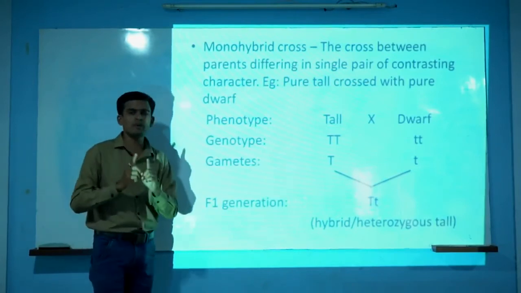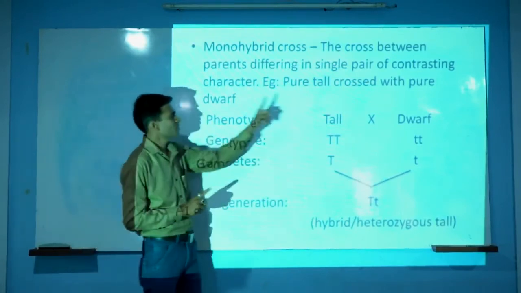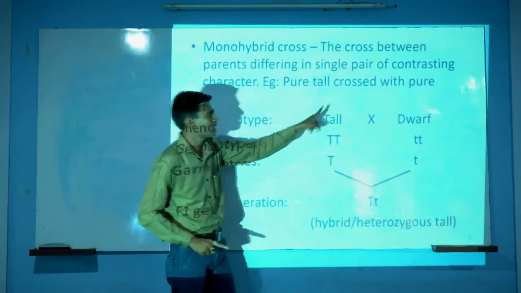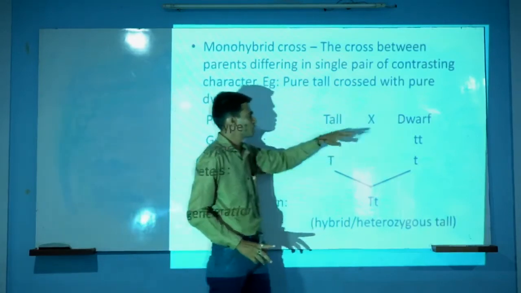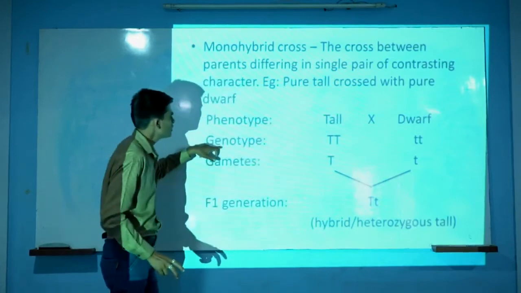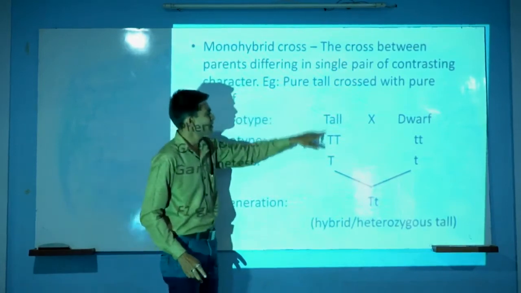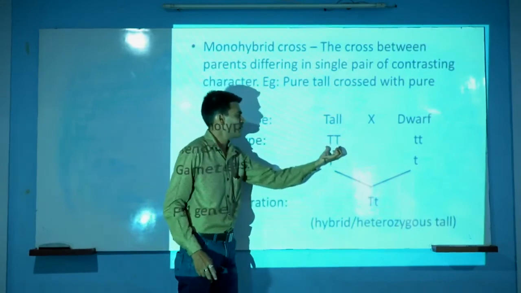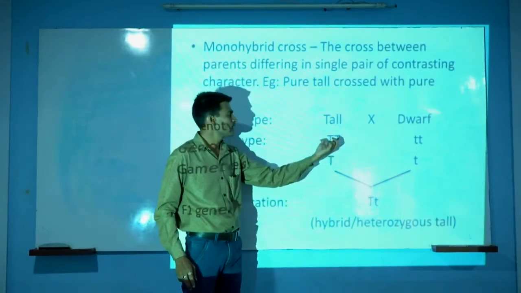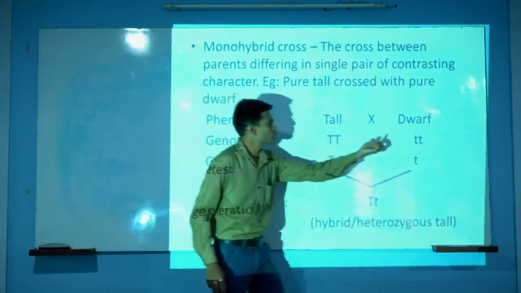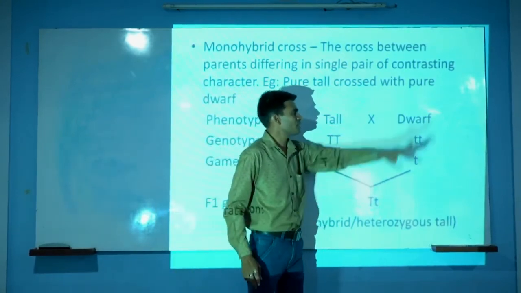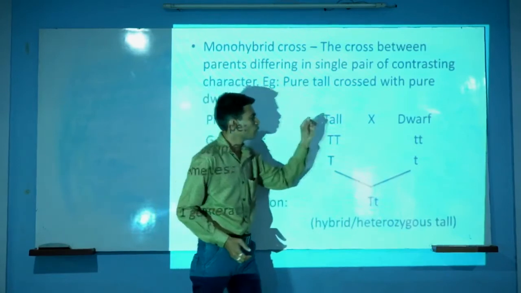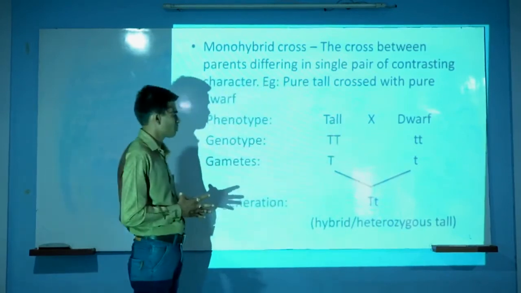So the phenotype of the parental plants is pure tall and pure dwarf. Then genotype: the tall plant has capital T, a homozygous tall or pure tall. Small t is a pure dwarf, a homozygous dwarf plant.